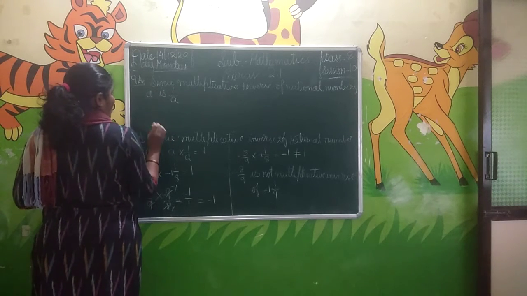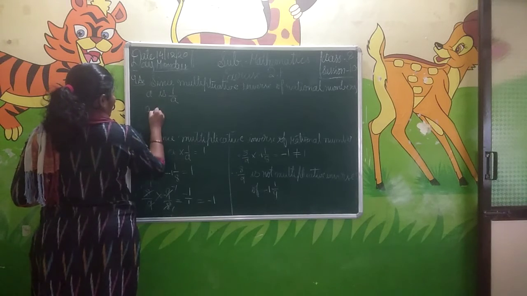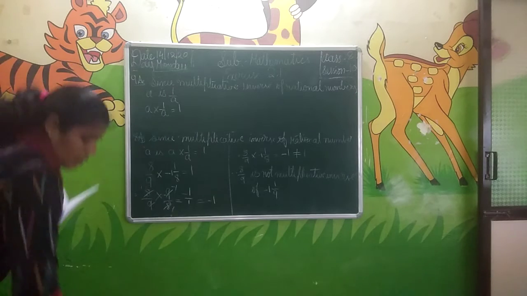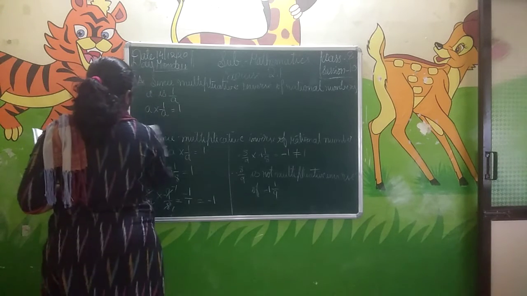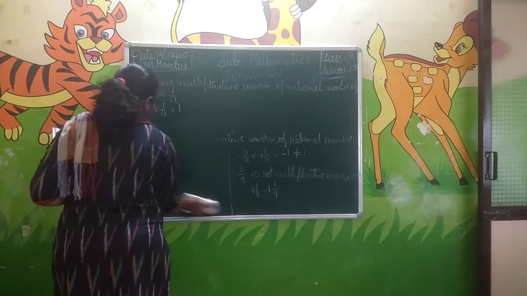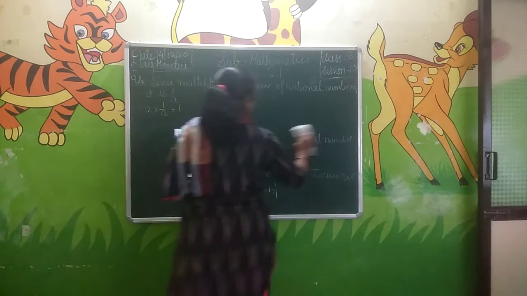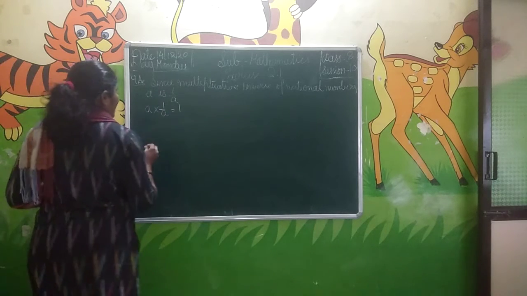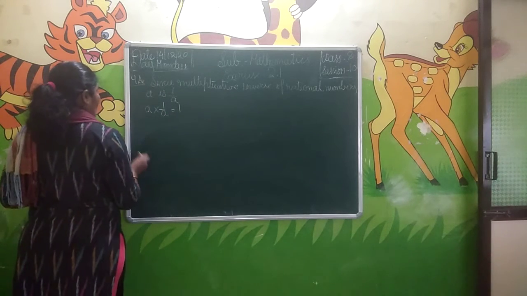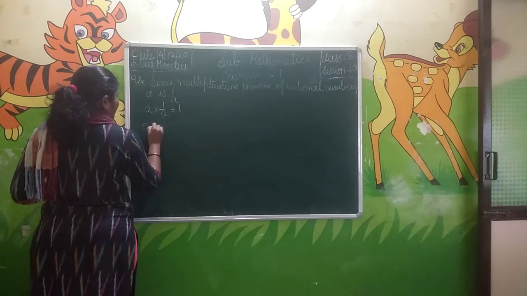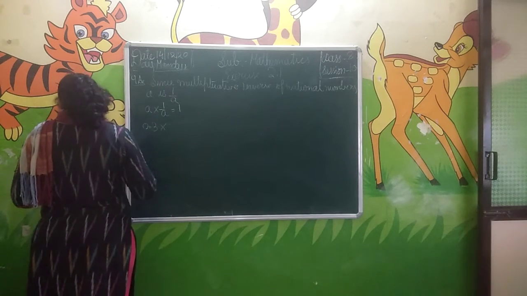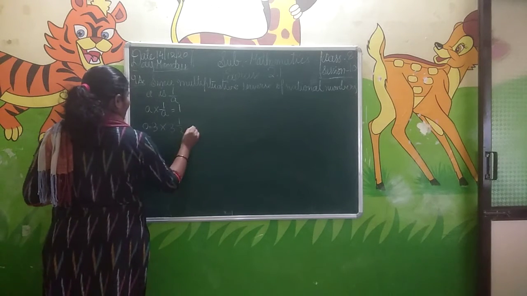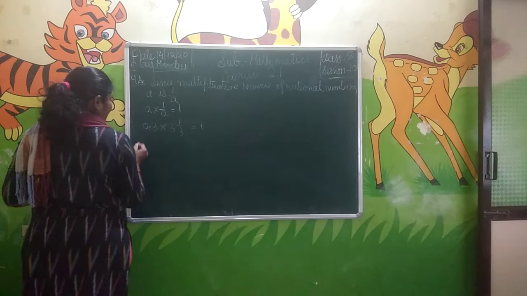So a into 1 by a is equal to 1. So what is the a here? They have given 0.3 into 1 by 3, and they are asking whether it is a multiplicative inverse of rational numbers or not. A is 0.3 into 1 by 3. It should be equal to 1 if it is a multiplicative inverse.